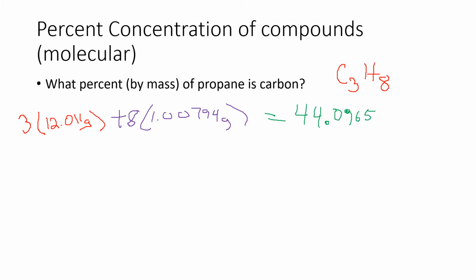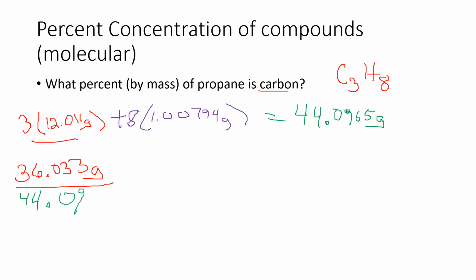All right, I need grams there. Now, what do I have? I want to know about the carbon part, right? So that's this, 36.033, divided by total mass, 44.0965.